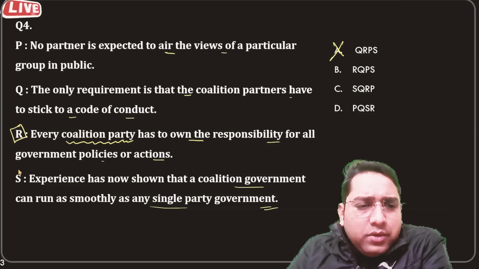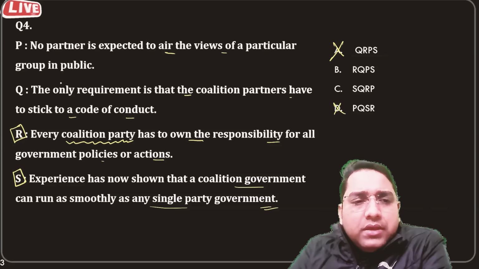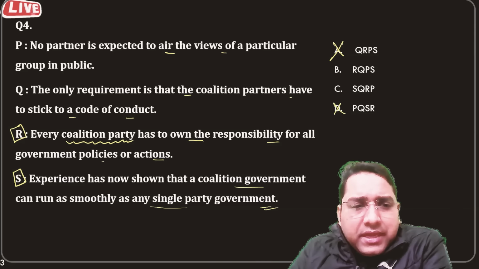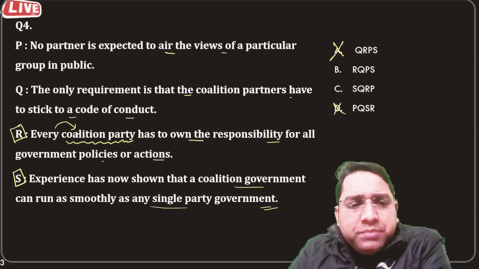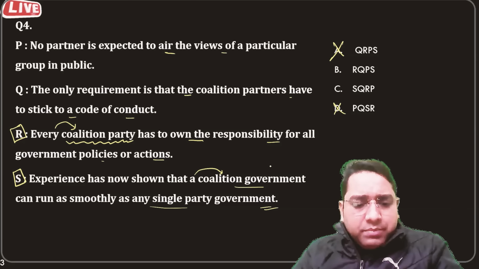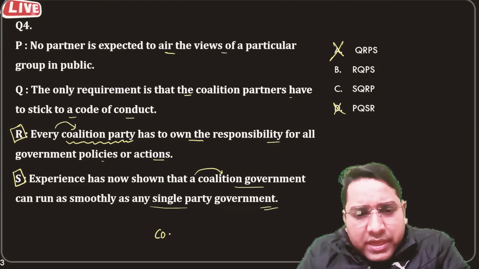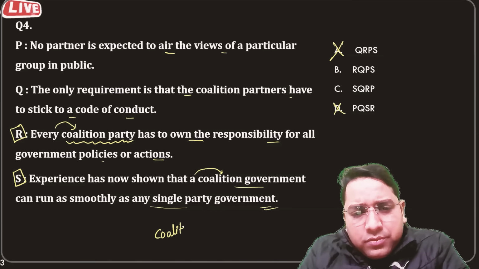R could be the first line, or S. Both are good choices we have here. Not P, definitely not P. Because in R it says every coalition party, and here it says experience has shown that a coalition government can run. Can you please tell me, are we talking about coalition government? Yes or no?